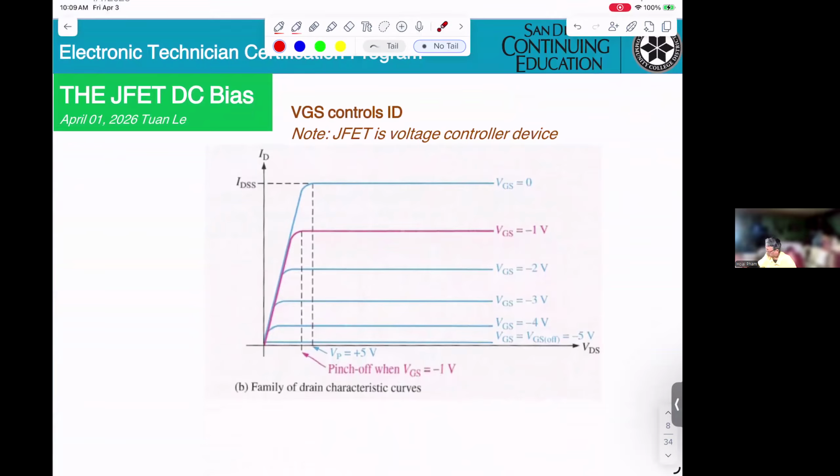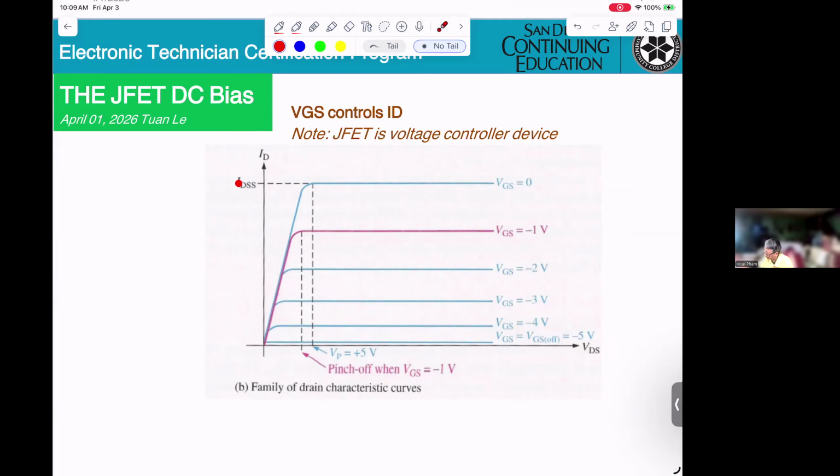Now, if you look again at the family of drain characteristic curves, this is ID, this is VDS, and these curves stand for VGS of negative 4, negative 3, and so on.